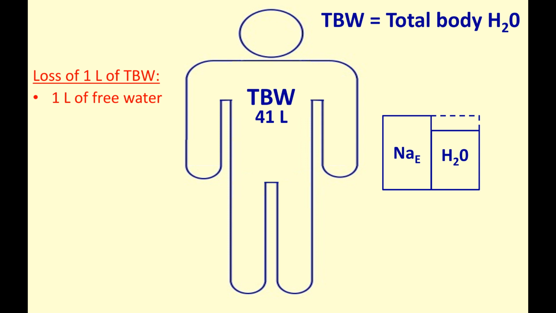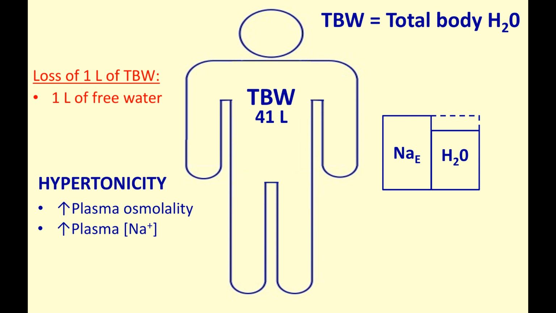Now, will this man present with any symptoms or signs? Perhaps, but they are not very reliable. The best way to uncover this problem would be by checking plasma osmolarity, which will be high, and plasma sodium concentration, which also will be high. This is called hypertonicity.